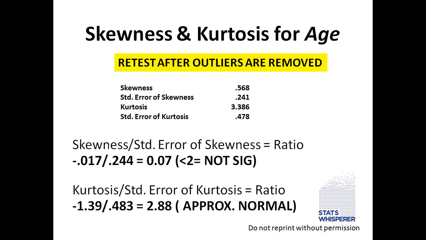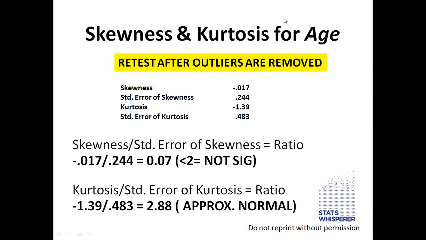So let's look at the kurtosis. We now have a kurtosis of negative 1.39. Negative and positive doesn't matter here. That just means the direction of the skew.